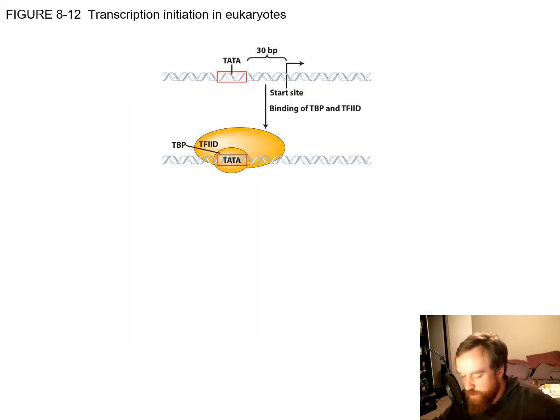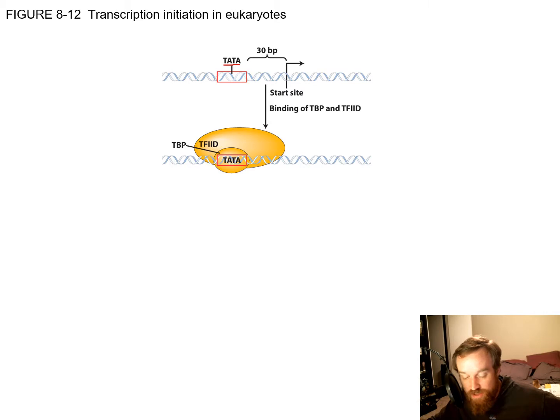So we had talked previously about prokaryotes and how there's this recognition site, the -10 and the -35 region, and there's those consensus sequences there that the transcription machinery binds to. So now let's look at this in eukaryotes. So in eukaryotes there is a region called the TATA binding region. So it's this recognition sequence of TATA.